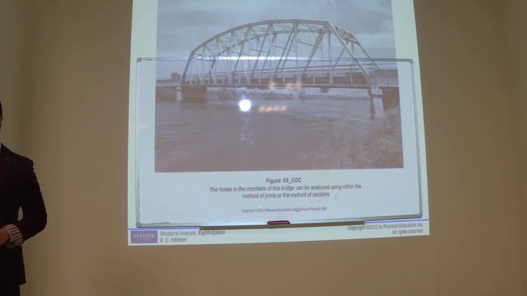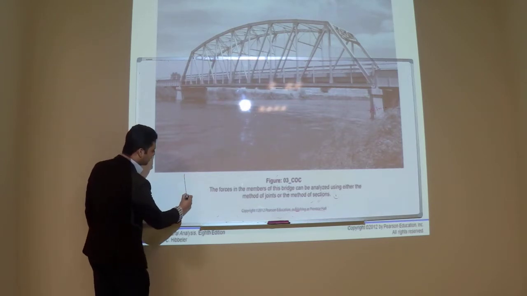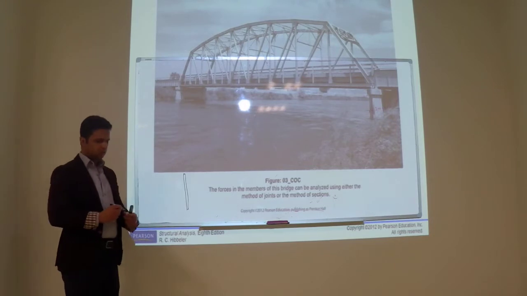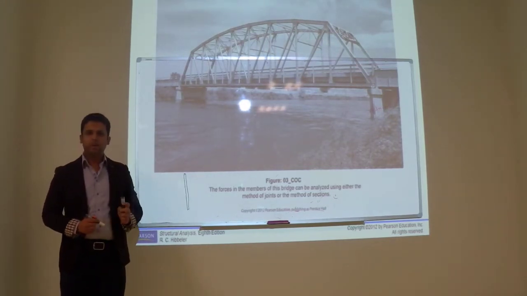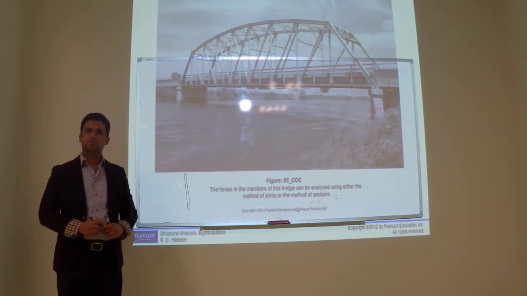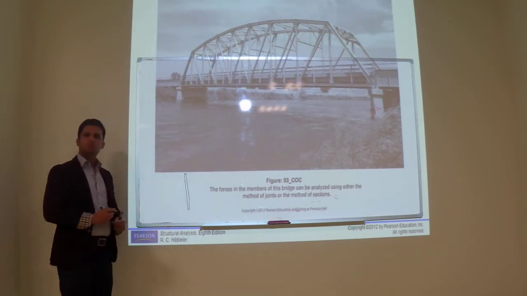weak in bending, like this member. For example, if there is a steel rod, is it hard to break that rod? Yes, you just have to break it by tension, it's hard. But what do you think? Is it difficult to bend it?